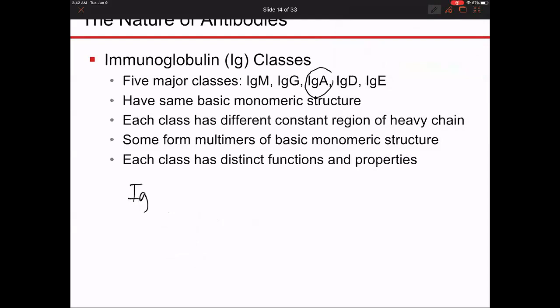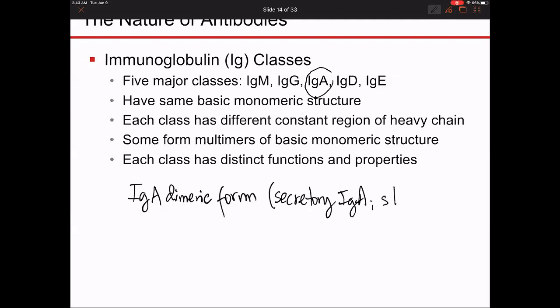The dimeric IgA form is the most prevalent IgA, and is also called the secretory IgA. The acronym would be this. And this is the main immunoglobulin that can be found in mucus secretions.